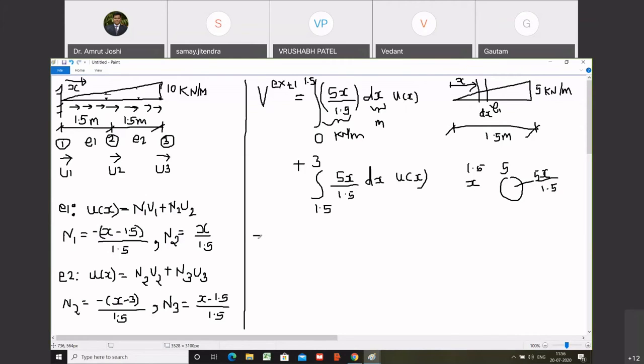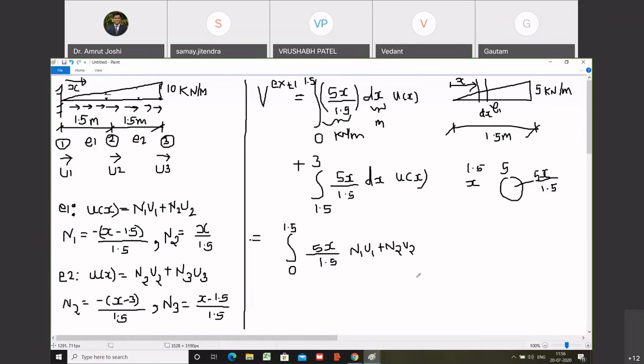Now how do I write this u of x in the first element? I will write it in this fashion. Integration 0 to 1.5, multiplied by 5x upon 1.5 into n1 u1 plus n2 u2.